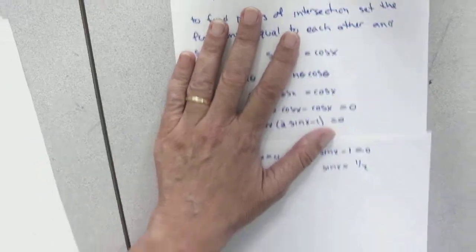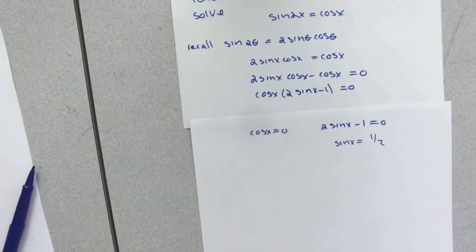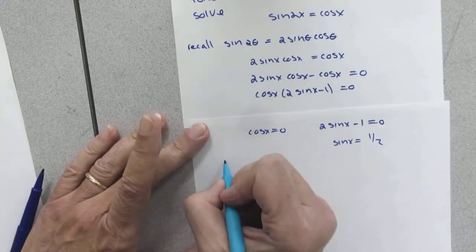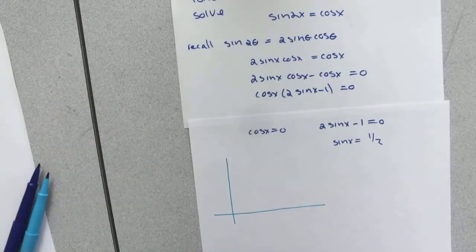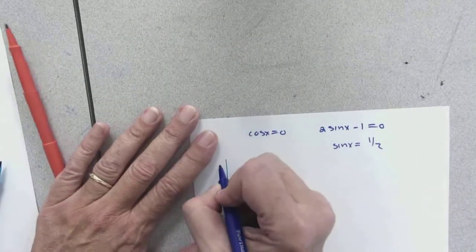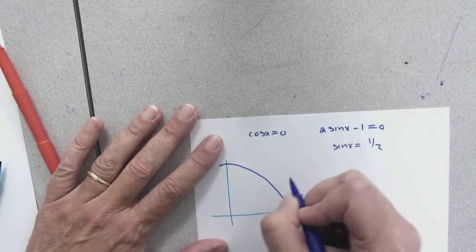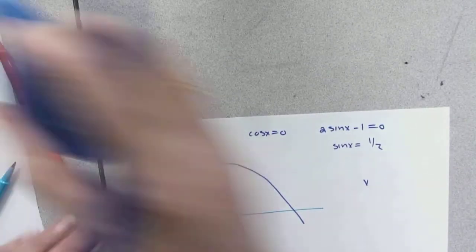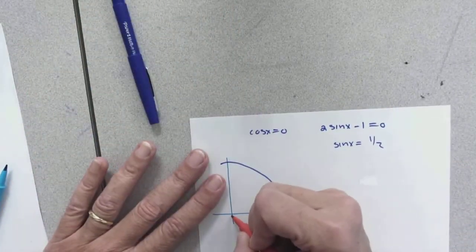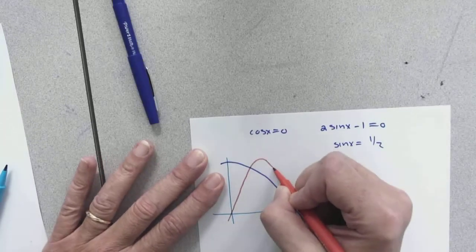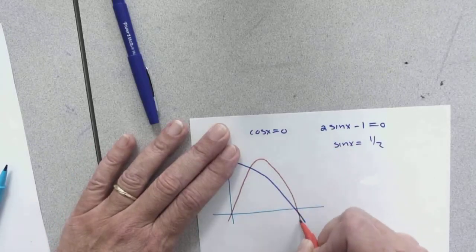And I'm going to draw a rough mock-up of the graph again. I'm going to draw my axes in light blue, since I didn't bring a black pen. We had the cosine x in blue, and we had the sine 2x in red.